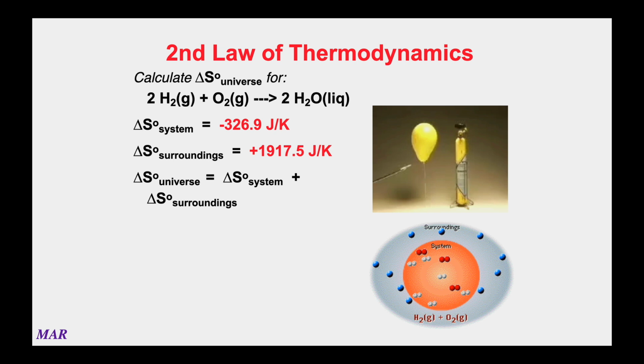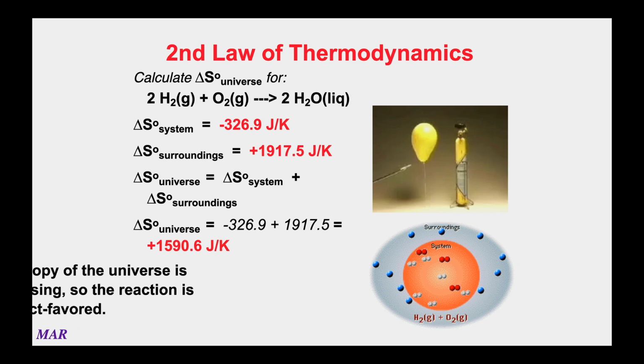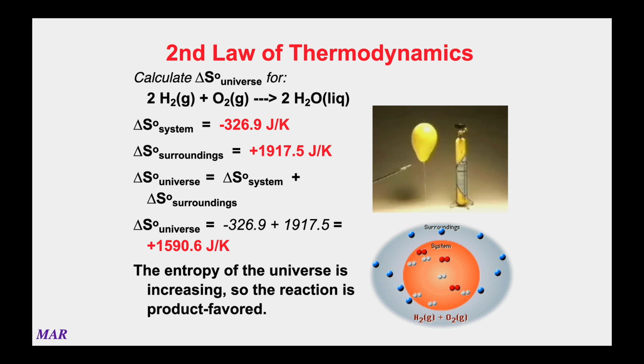Make sure that you translate, by the way, delta H, which is usually in kilojoules, to joules per Kelvin if you're doing this process. But anyway, second law of thermodynamics says that delta S of the universe equals delta S of the system plus delta S of the surroundings. So if you add those two pieces together, positive 1590.6 joules per Kelvin.